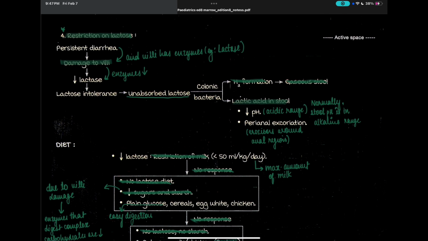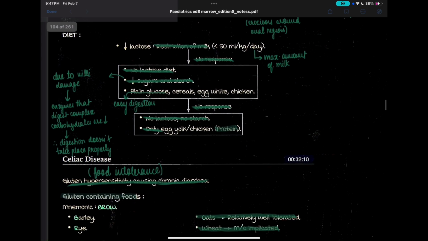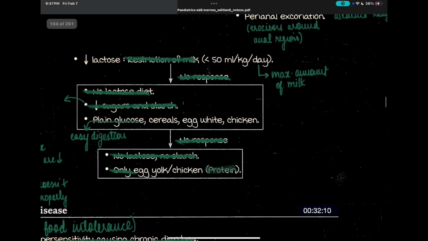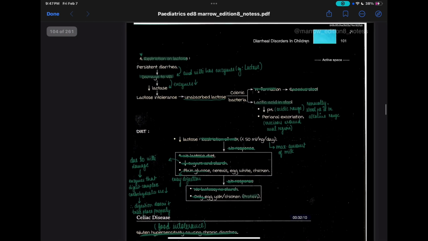Villi have enzymes like lactase, and these enzymes are decreasing. Diet: you have to decrease lactose.